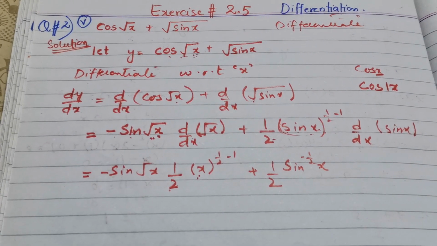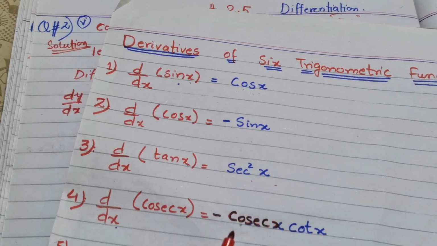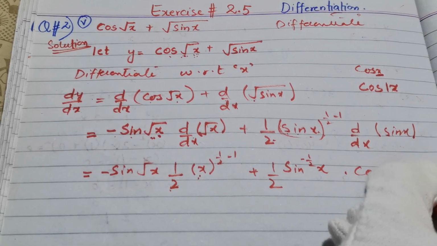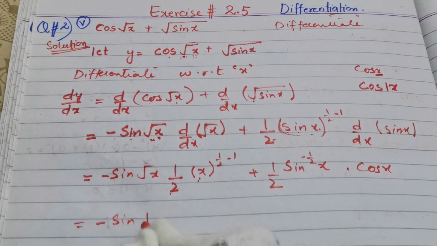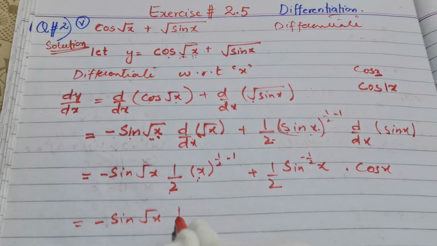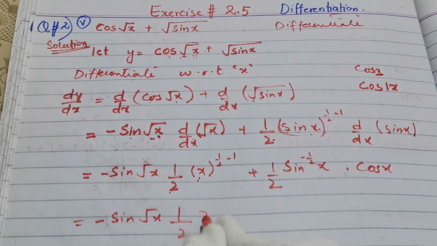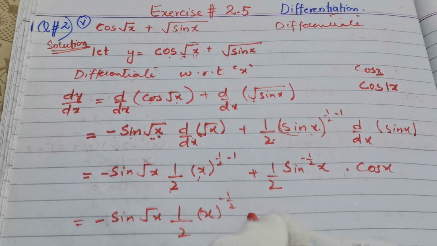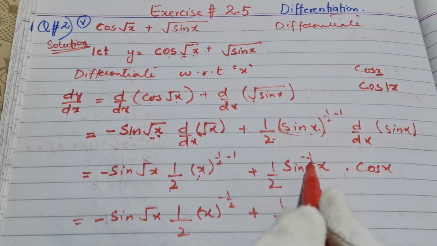Derivative of sine x. Derivative of sine x is cos x. So cos x. Minus sine under root x, 1 by 2 x raised to power 1 by 2 minus 1 by 2 becomes minus 1 by 2, x raised to power minus 1 by 2, plus 1 by 2 sine x, minus 1 by 2.